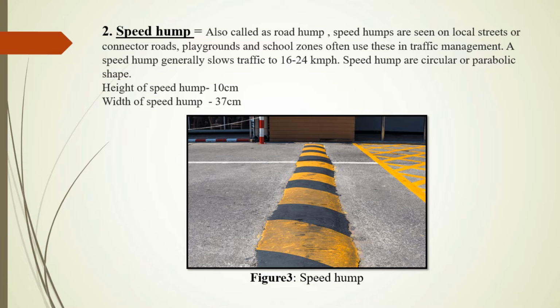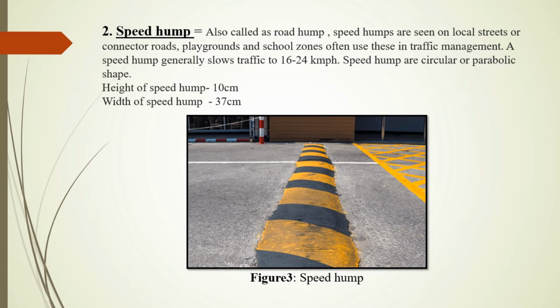Speed humps are also of circular or parabolic shape. The height of the speed hump is 10 centimeter and the width of the speed hump is 30 to 37 centimeter.